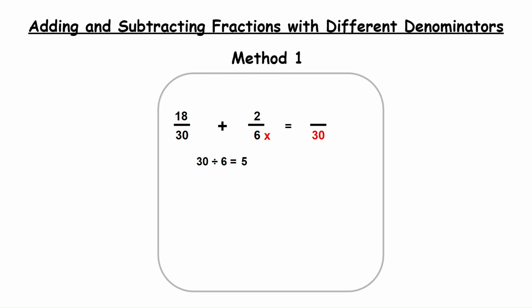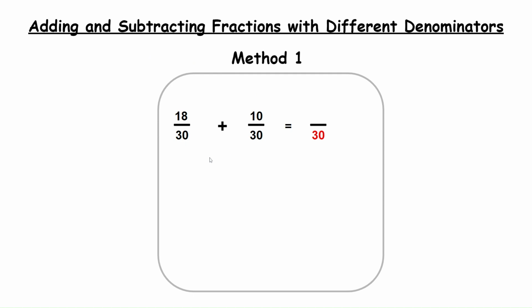And 30 divided by 6 equals 5. So now we have our number that we need to extend our fraction 2 over 6 to a denominator of 30. 6 multiplied by 5 is 30, and we multiply our numerator by the same number, 5, and 2 times 5 is 10. So now we've extended both of our fractions.